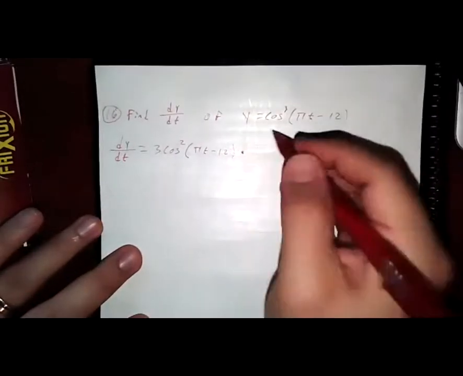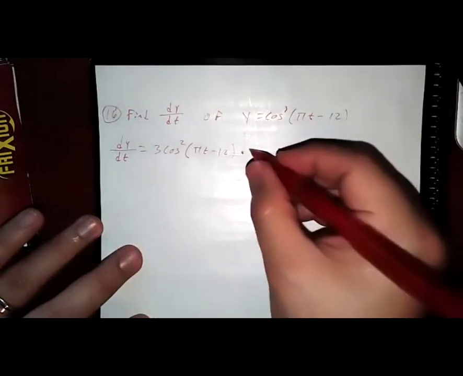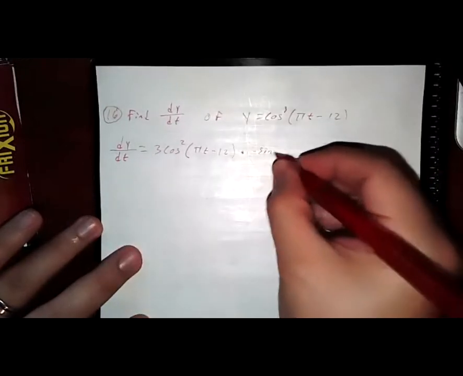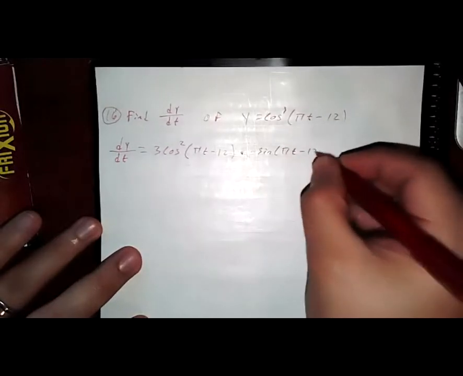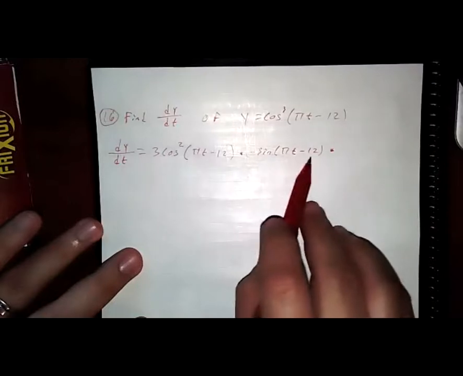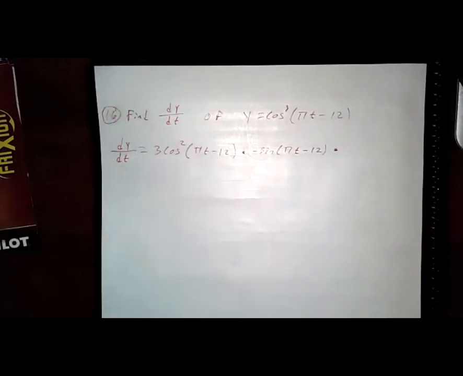So multiply times the derivative of the inner function, which is cosine. Derivative of cosine is negative sine of this, pi t minus 12. Then you multiply by the derivative of the innermost function, which is the derivative of pi t minus 12, which would be pi.